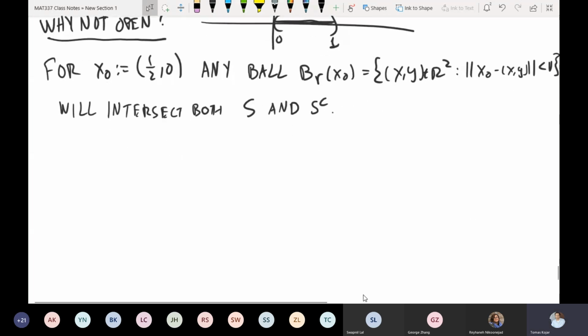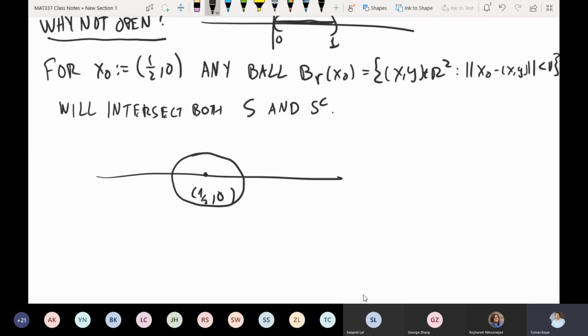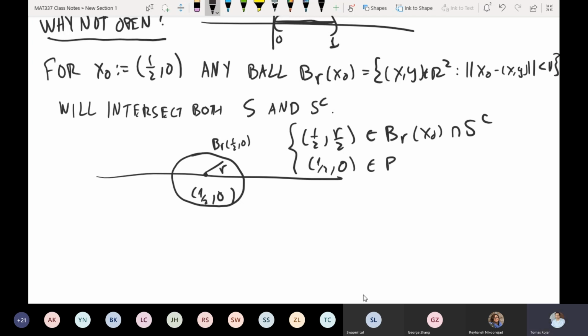The picture is this: this is (1/2, 0), and this is the ball. The point (1/2, 0) is in the intersection with S, and an element (1/2, r/2) is in the intersection with the complement.